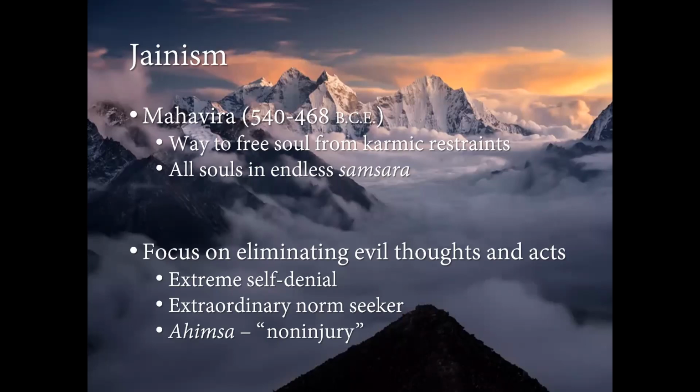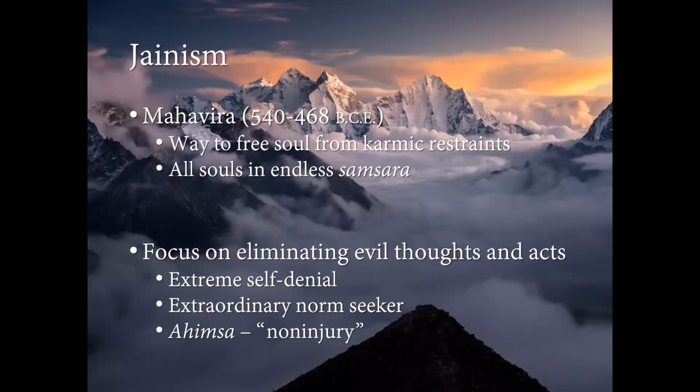And so he went around for 30 years teaching this to other people. At the age of 72, he chose to fast to death, to burn out the last essences of bad karma in his body, while at the same time seeking what they call ahimsa, or non-injury, not to injure other people. So it's a very extreme sort of asceticism the Jains have.